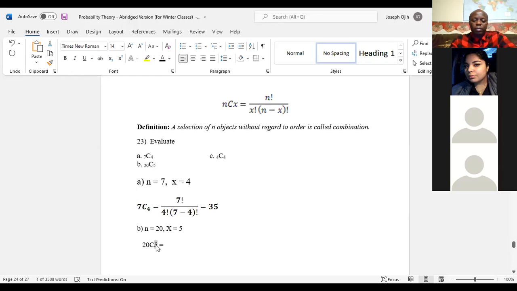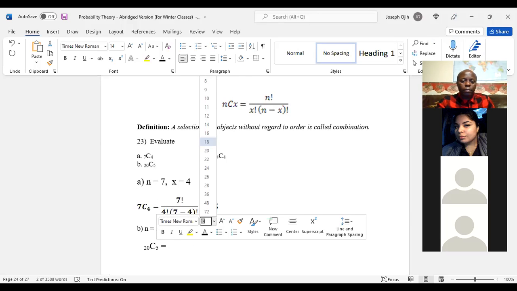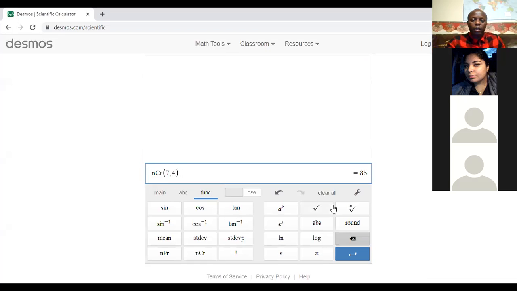Let's get the answer right away. I'll make it a little bit bigger. You can see the screen, right? So we go here and press C, 20 comma 5. It gives you the answer right away: 15,504.